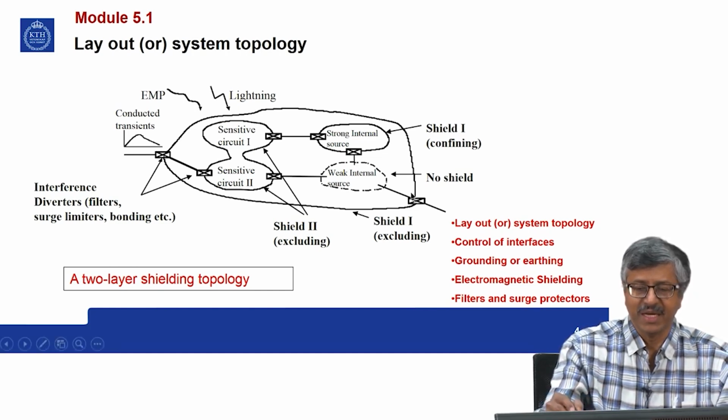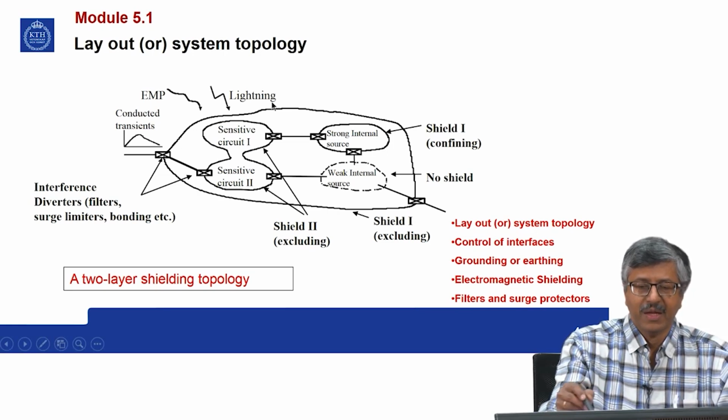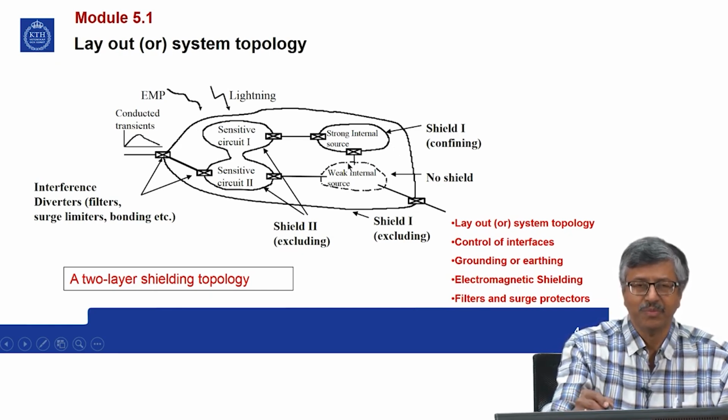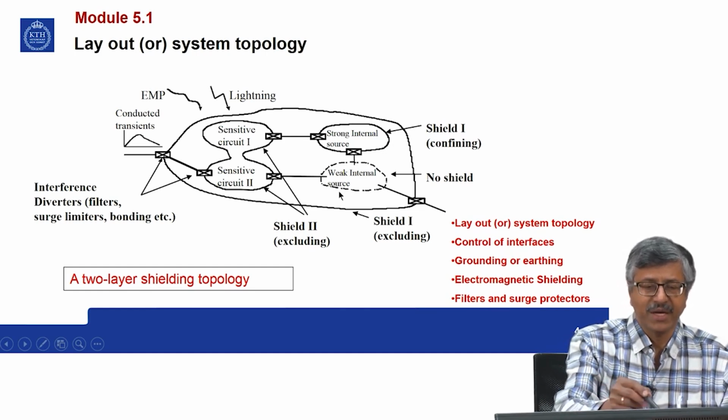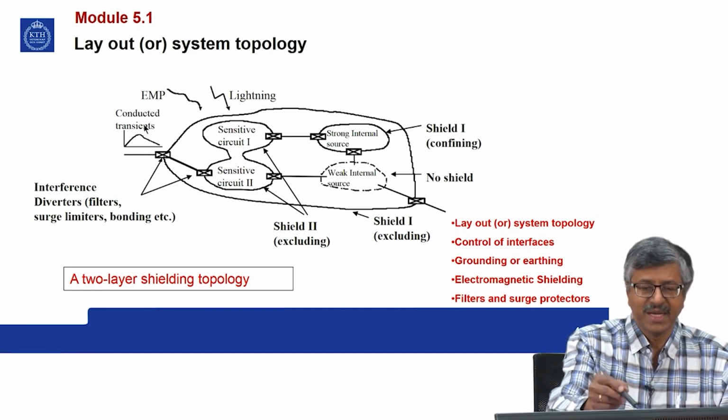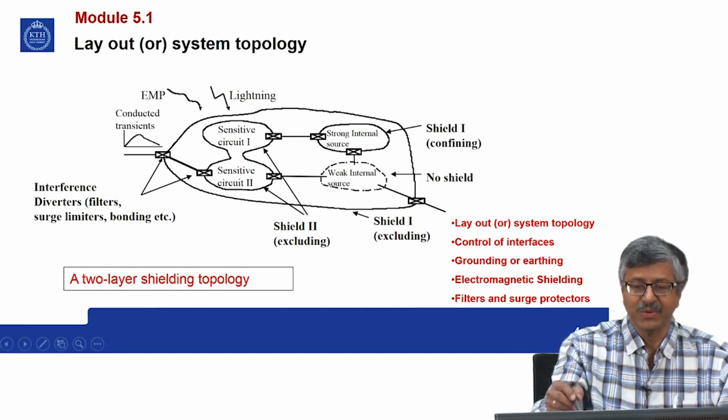So this is the area boundary. It can be an airplane, or it can be a shielded enclosure, or it can be just a room where you have some sensitive equipment. So outside you have a harsh electromagnetic environment. Both conducted transients and radiated transients can get into this area.